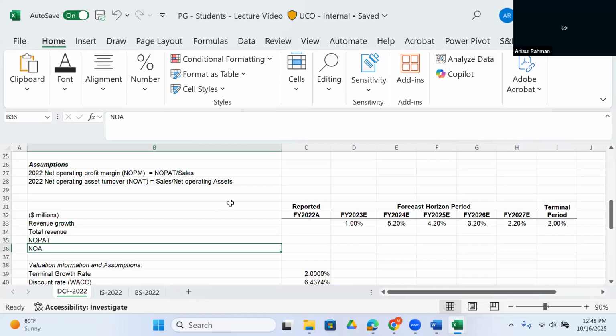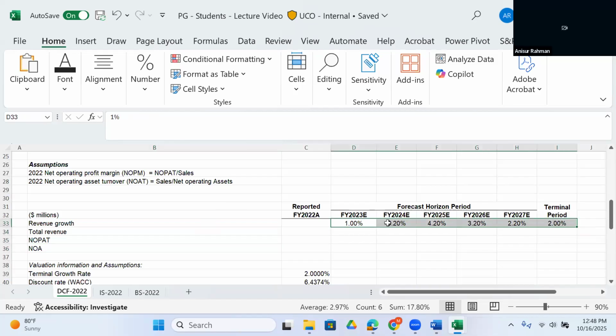For our case, we are going to use something called the parsimonious method. What that basically means is we will forecast only the revenue, and I am using these forecast numbers from the textbook.